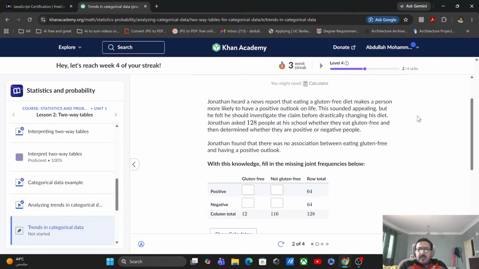Jonathan found that there was no association between eating gluten-free and having a positive outlook. With this knowledge, fill in the missing joint frequencies below. There was no association.